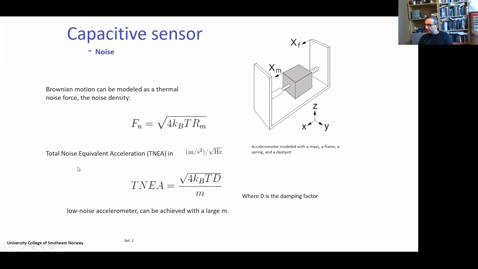So the total noise equivalent in acceleration, if it is an accelerometer, is given by this equation, which is the Brownian noise over M. It means that if you want to decrease the noise, then we can increase the mass M. Again, this is a mechanical part of it, but as an electronic designer who wants to make a good design for such a circuit, maybe it's good to know about these parameters.